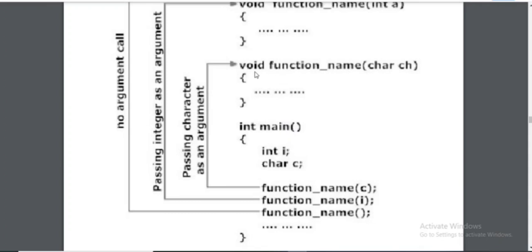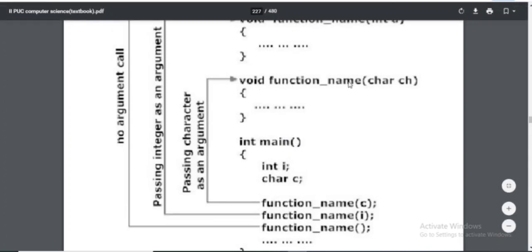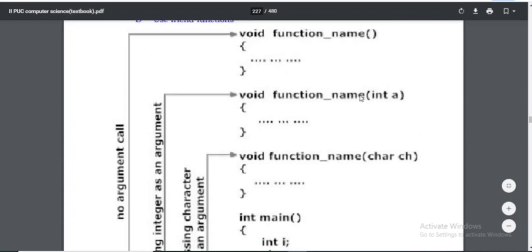Here void is the data type or return type and we have to specify the function name. For example, consider int sum of int a, and int sum of float b, float c. What must be different is the number of arguments.